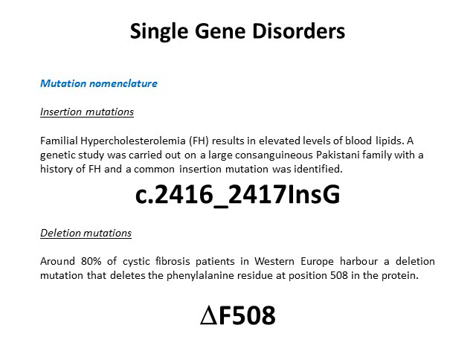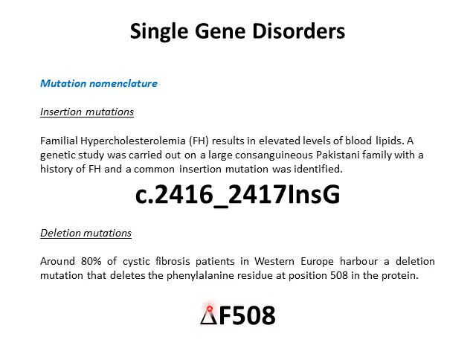Deletion mutations. Well, the most famous deletion mutation in a single gene disorder is the delta F508 mutation in cystic fibrosis. Delta F508 represents 80% of all cystic fibrosis mutations present in patients from a Western background. Effectively, delta F508 describes a deletion.